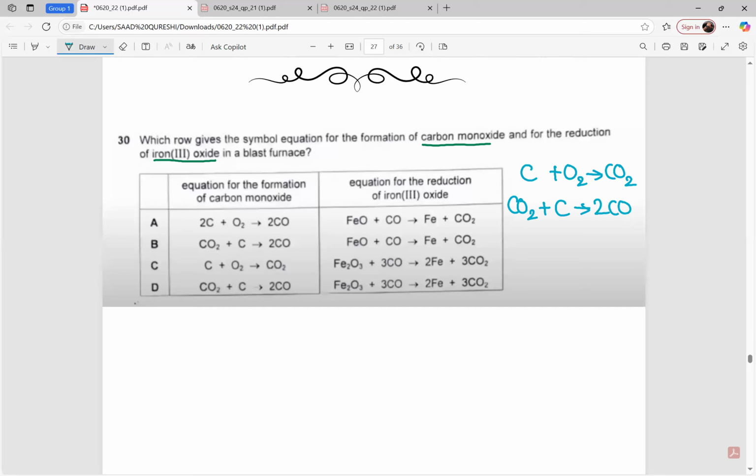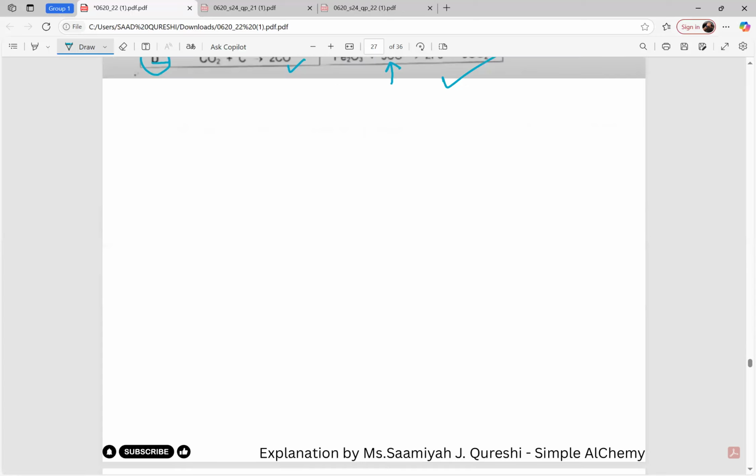So this is the reaction for the formation of carbon monoxide, so the answer would be B or D. And for the reduction of iron oxide, D is true because iron oxide, which is present in hematite, is Fe2O3, which gets reduced by carbon monoxide to form iron and carbon dioxide. So D is correct.